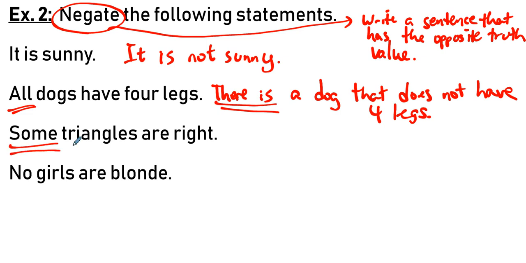Similarly, the negation of a some statement. Some triangles are right. Well, that means that there exists at least one triangle that is right. What's the opposite of somewhere there exists a triangle that is right?